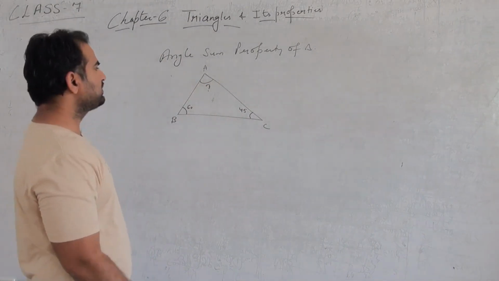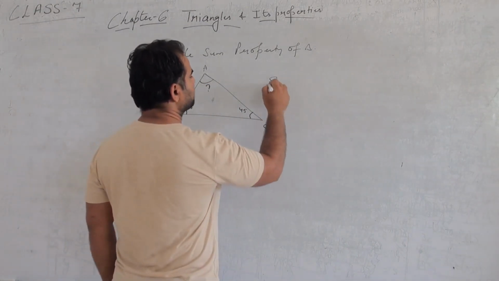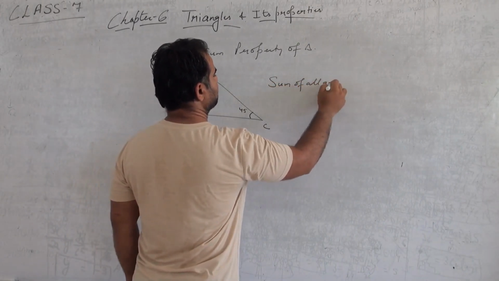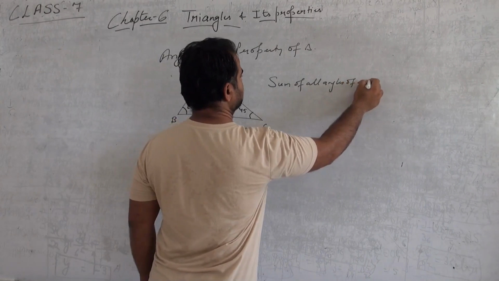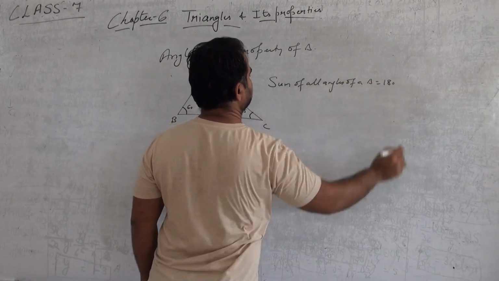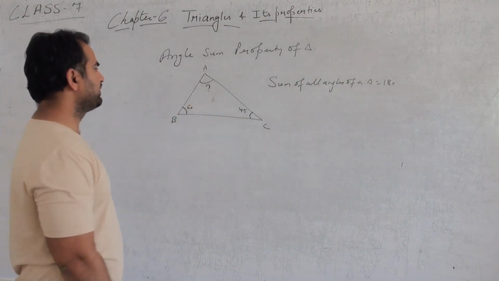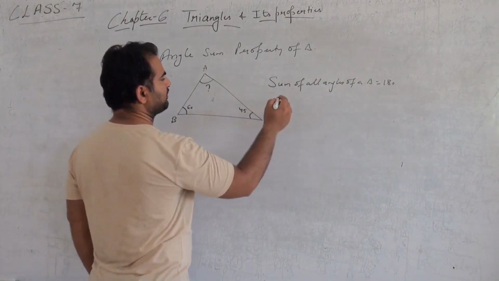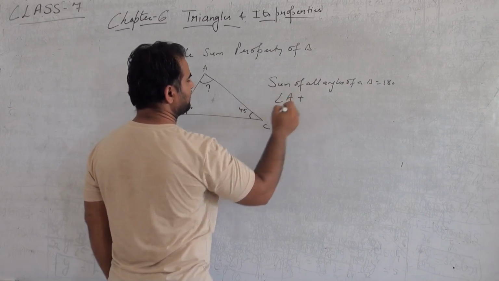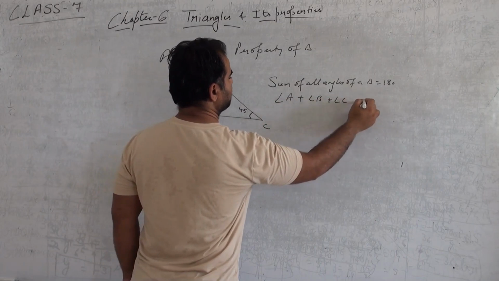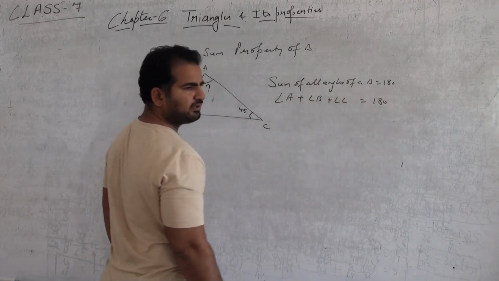Yes, because the sum of all angles of a triangle is 180 degrees. We don't know angle A, so angle A plus angle B plus angle C equals 180.